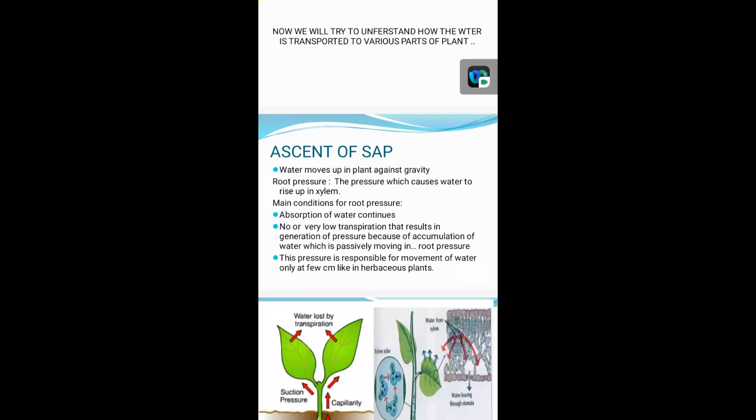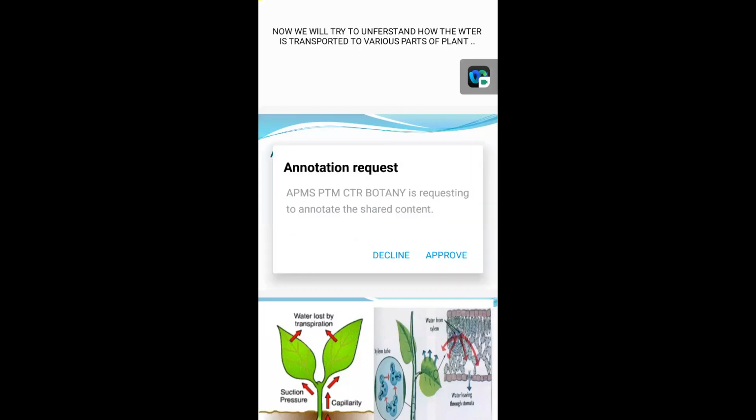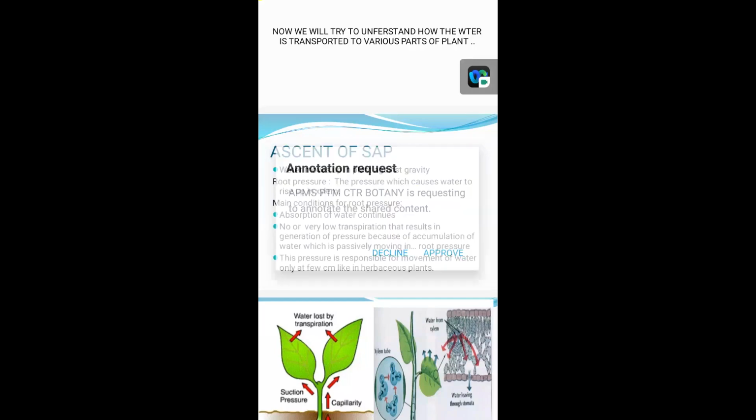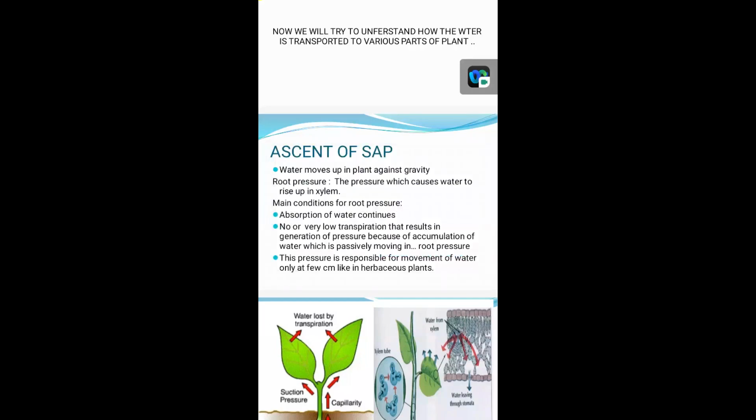In absorption of water, we saw that water is absorbed through the root hair, then reaches the cortex, endodermis, and finally the xylem. When there is a continuous inward movement of water through the root hairs into the xylem, there is absorption of water by the root hairs, and finally it reaches the xylem.